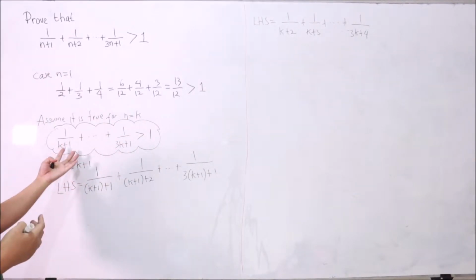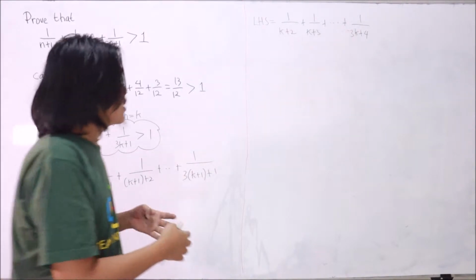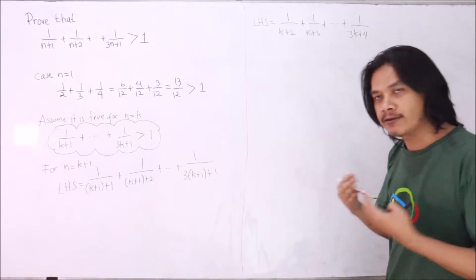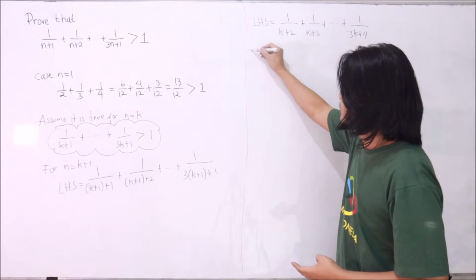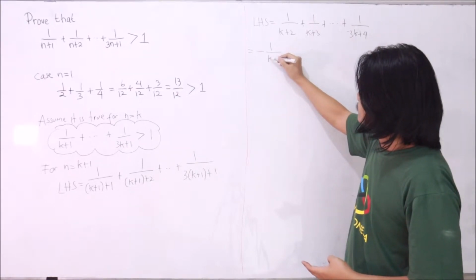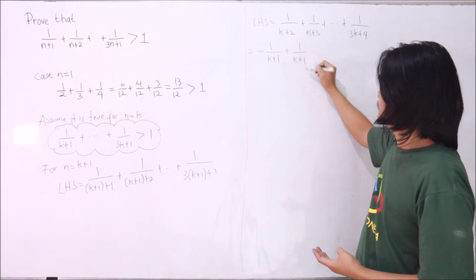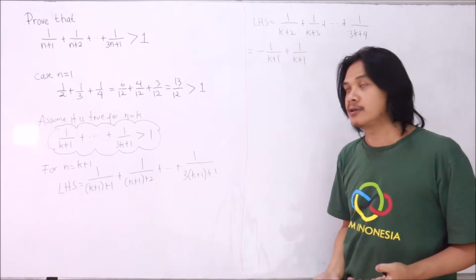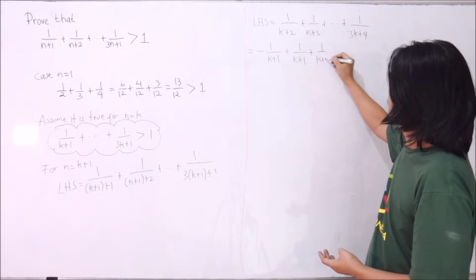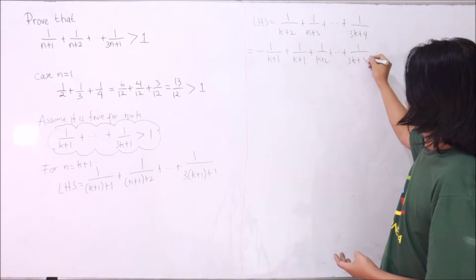In order to use the hypothesis, we need 1 over k plus 1 to appear, so we force it down here. Let us write down 1 minus 1 over k plus 1 to compensate for the 1 over k plus 1. So this is just 0, and then we add 0 to this left hand side, and so on until 1 over 3k plus 4.